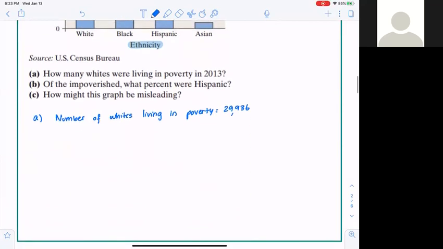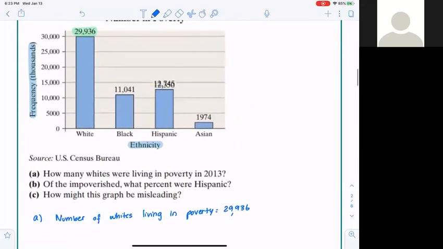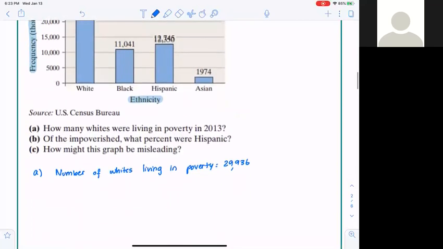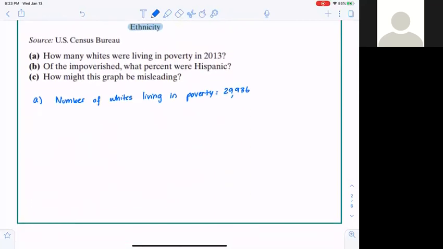So could we convert this bar graph to a frequency distribution? In other words, could I go in reverse? So I easily can.